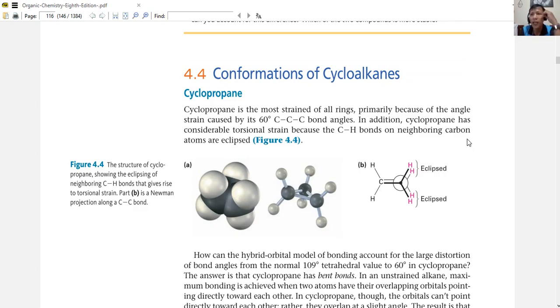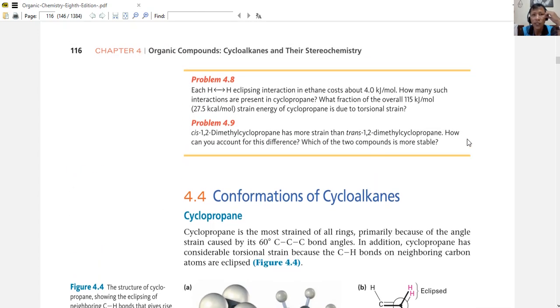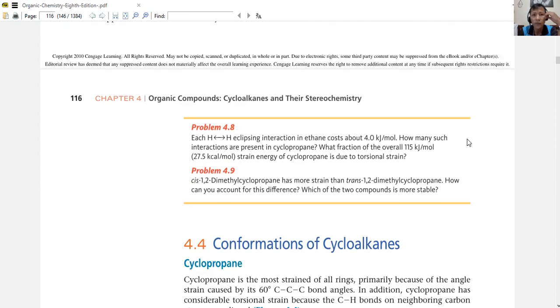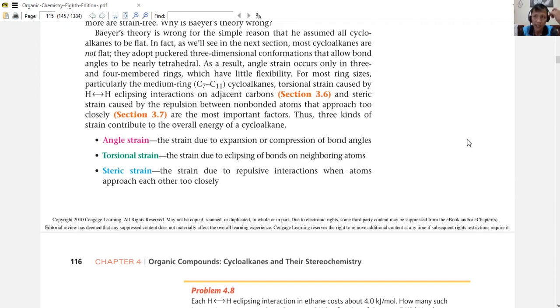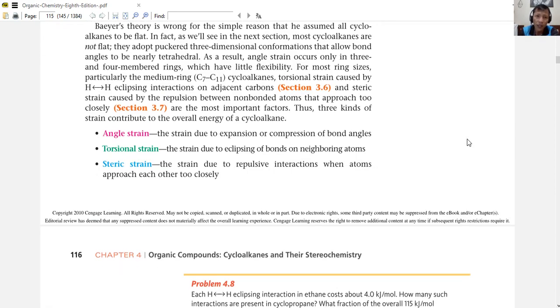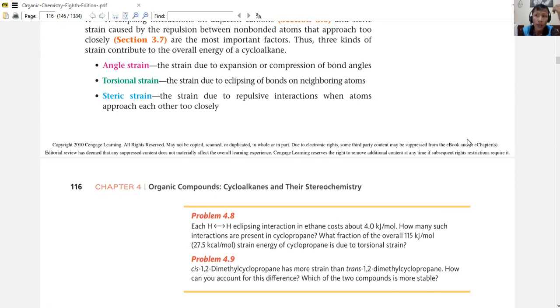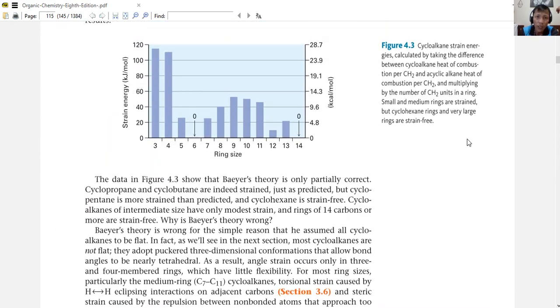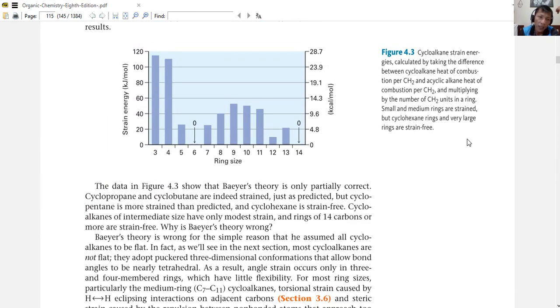I think the last thing that we discussed was about the strains of having a cycloalkane, and we knew that there is somewhat a pattern. I've already explained this graph to you. This is the energy with respect to how many carbons there are in a ring.